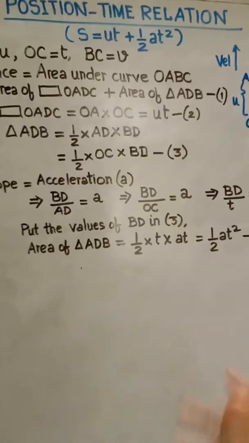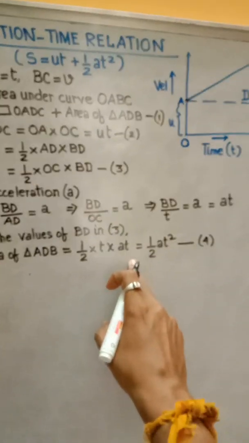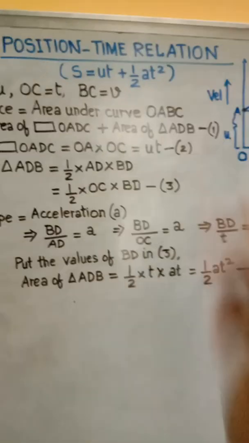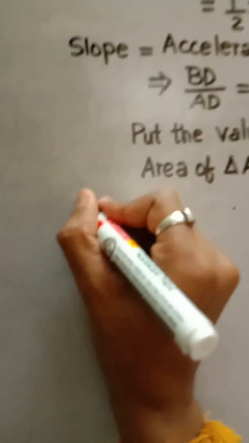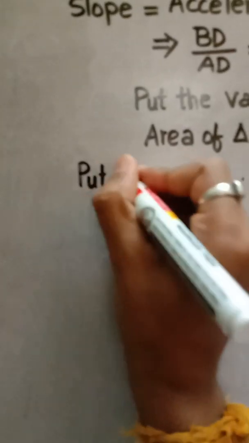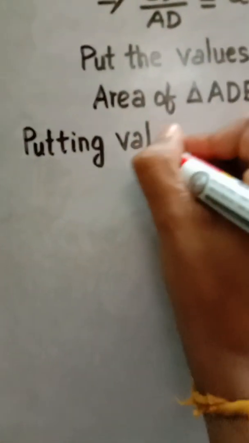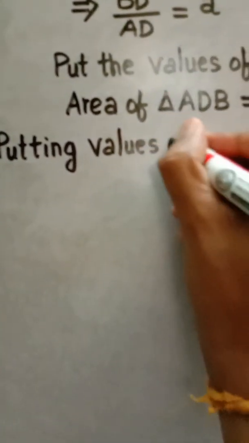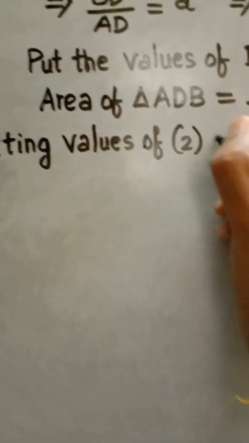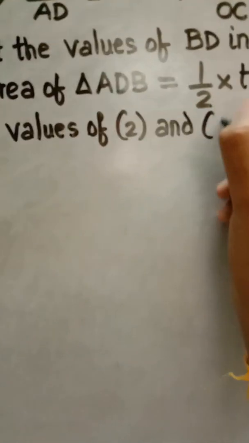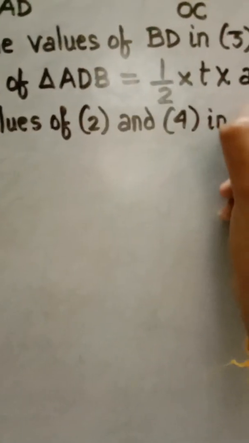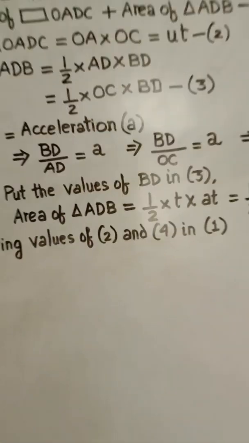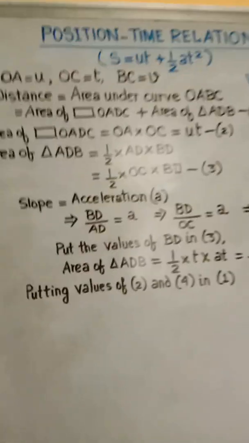So now putting the values of 4 and 2 in equation 1, what will we get?